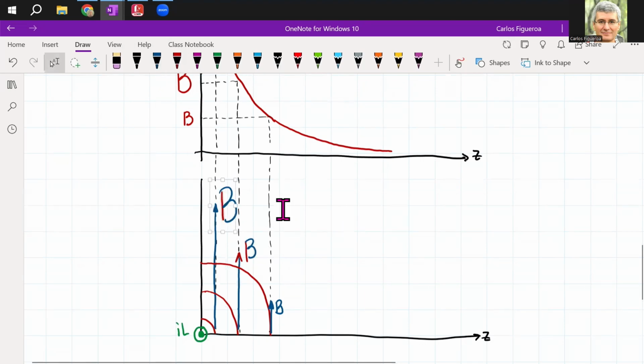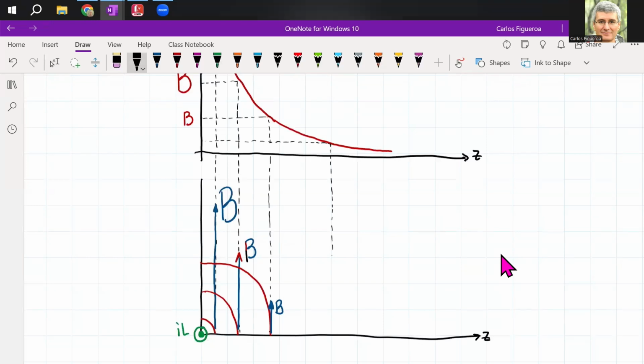Okay, so now if I go to one more value here, what am I going to see? Well, if I get farther out, if I come all the way out to here and then I follow this guy, now I'm counting 5 squares. So this is 1, 2, 3, 4, 5.